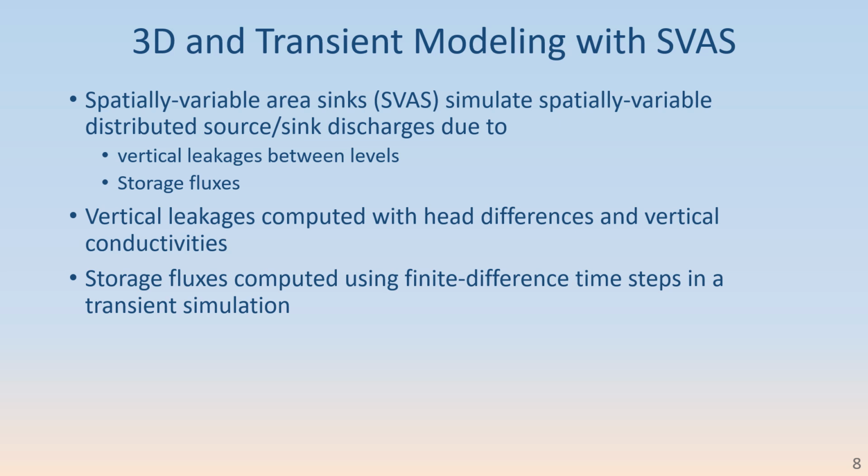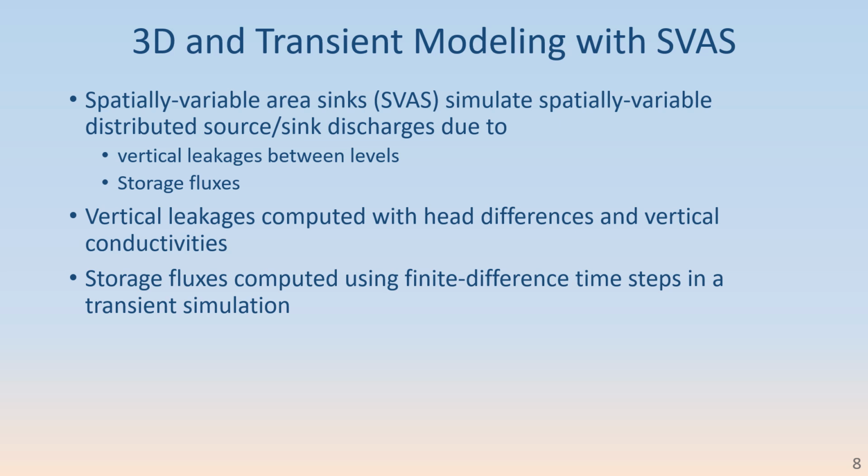And the vertical leakages are computed using typical Darcy's law, head differences between two levels that are adjacent, and you assume that the head in a domain applies at the center line of the saturated thickness, and you're computing head difference and vertical conductivities for the intervening materials. Say you have layer 1 and layer 2 below it, you'd use the lower half of layer 1, its vertical conductivity and thickness, and the upper half of layer 2, its vertical conductivity and thickness, to compute the vertical leakages.